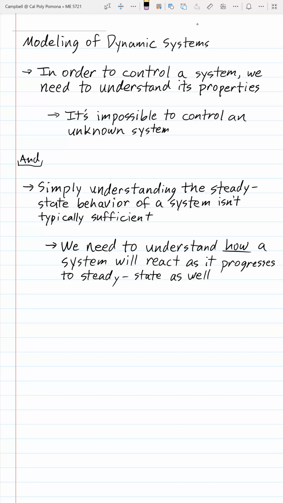So we'll have to understand how it gets to steady state as well as the steady state behavior itself.